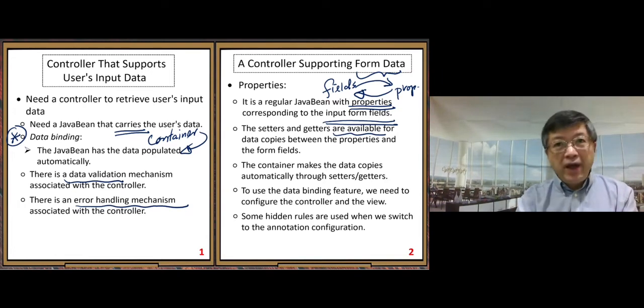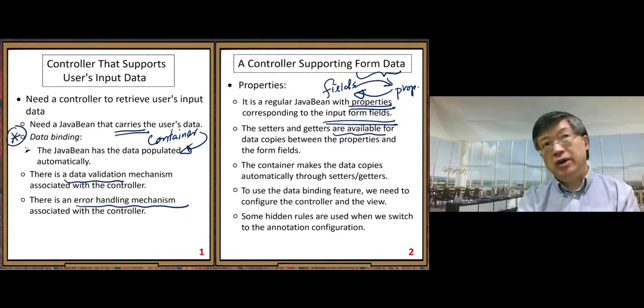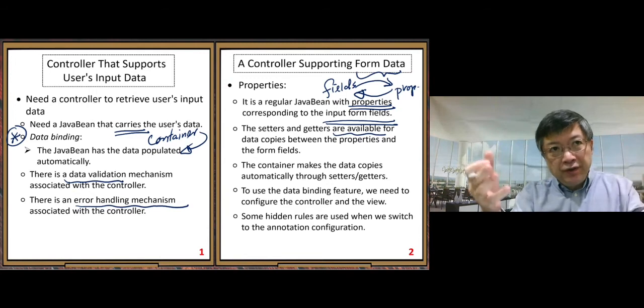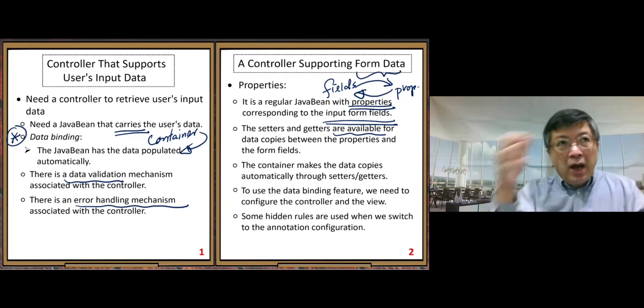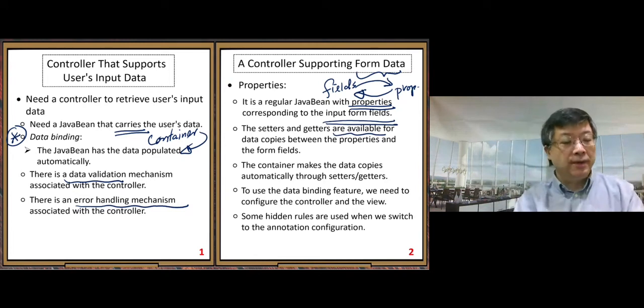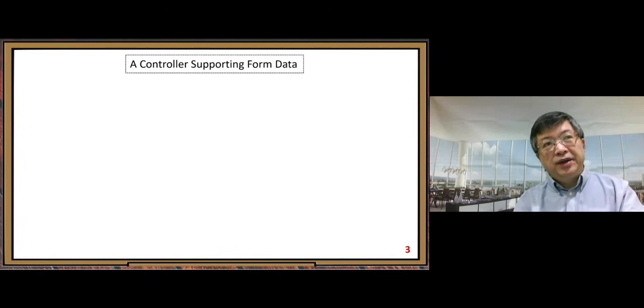But when we move there, we need to use a lot of hidden rules. So we will learn those hidden rules and then use those rules to understand how the data copy happens behind the scenes. All right, so next, let's look at the code.